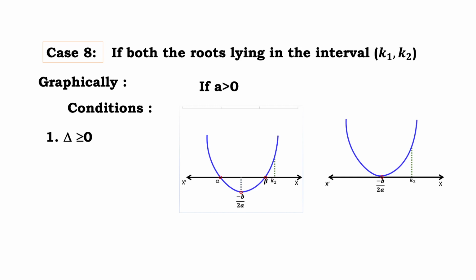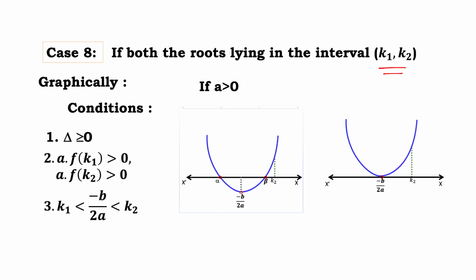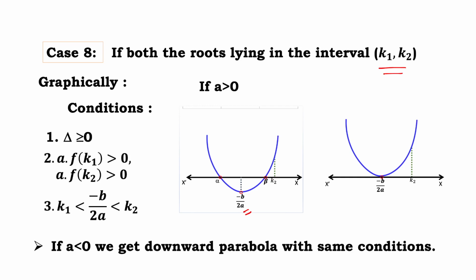So D greater than or equal to 0, you can see why: it will intersect or touch the axis. a into f(k1) greater than 0 as well as a into f(k2) individually you are taking, and minus b by 2a, this value is lying between k1 and k2. Both the cases are applicable for a greater than 0 as well as for a less than 0, right? So all the cases are there.